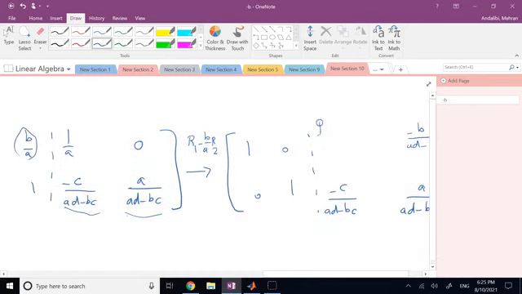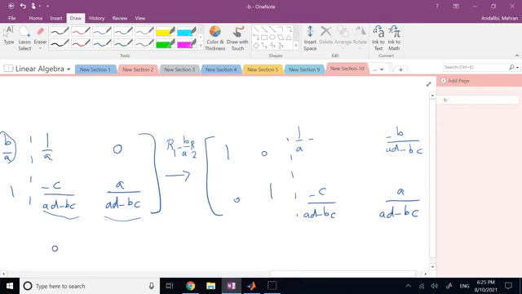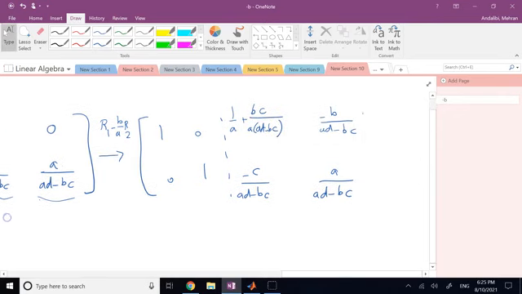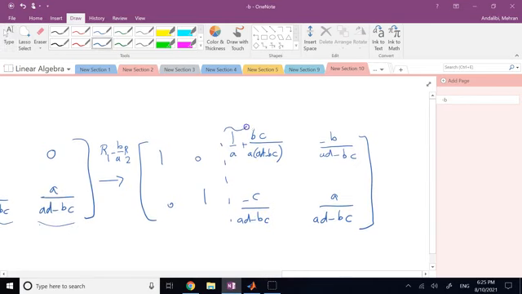And over there you'll get 1 over A minus B over A times that. So it is going to be plus BC over A times AD minus BC. Okay, and all you need is to simplify this.